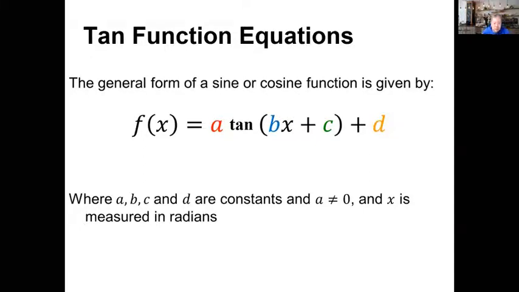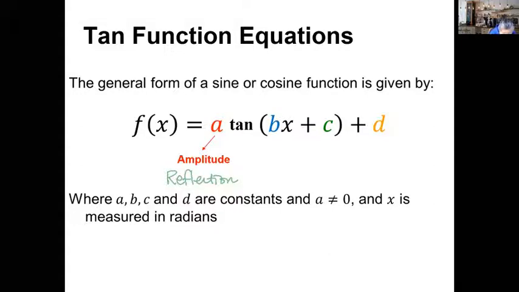So as you remember, the a in front of it is amplitude. And one more thing that you need to remember is when a is negative, it's also going to affect the reflection of the graph as well, right?